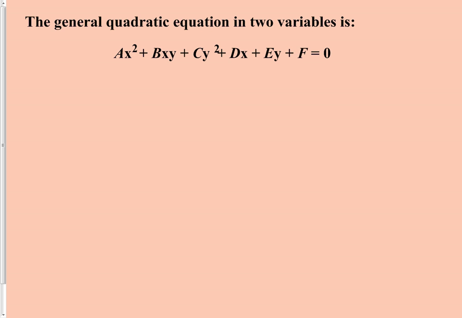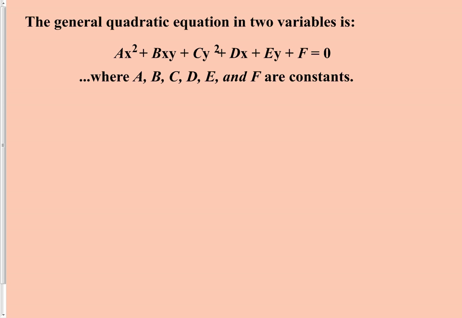Now, don't shut down and think, oh my gosh, I'm never going to understand this unit at all, I might as well just quit now. Don't panic. It's very rare that any of the equations that we're going to be looking at are actually going to use all of these terms. And how they are not going to use all of these terms is that A, B, C, D, E, and F are constants.